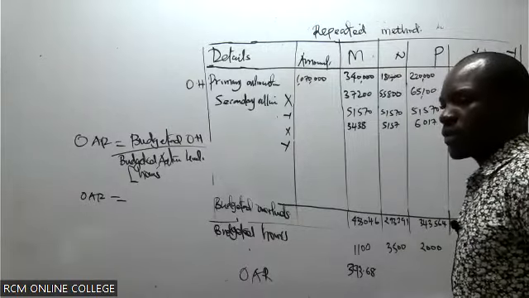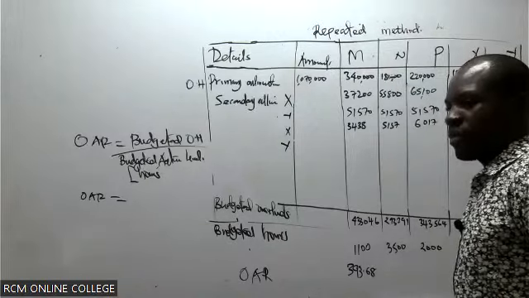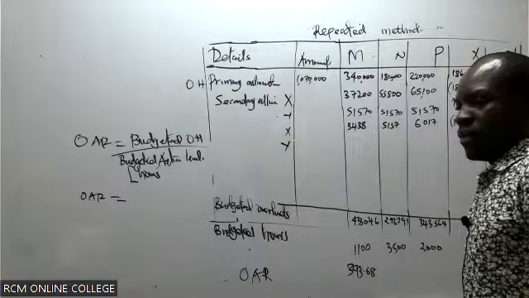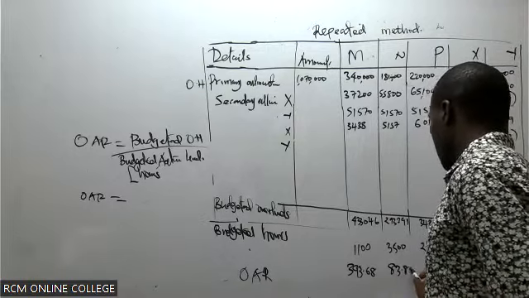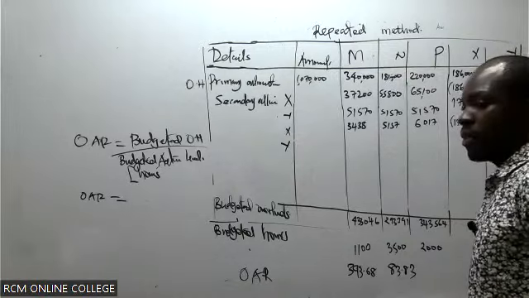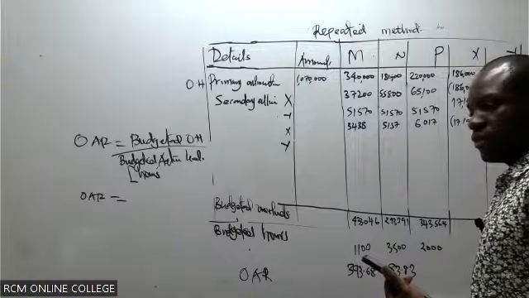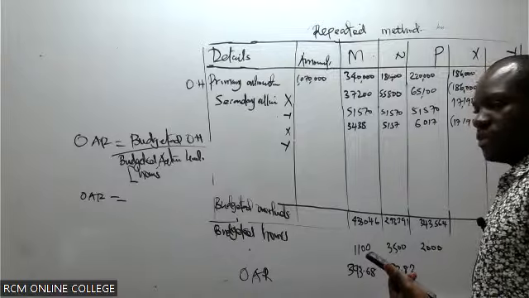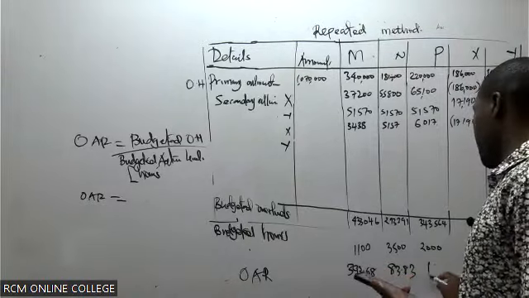N ni ngapi? 83.83. Then P ni ngapi? 171.78.